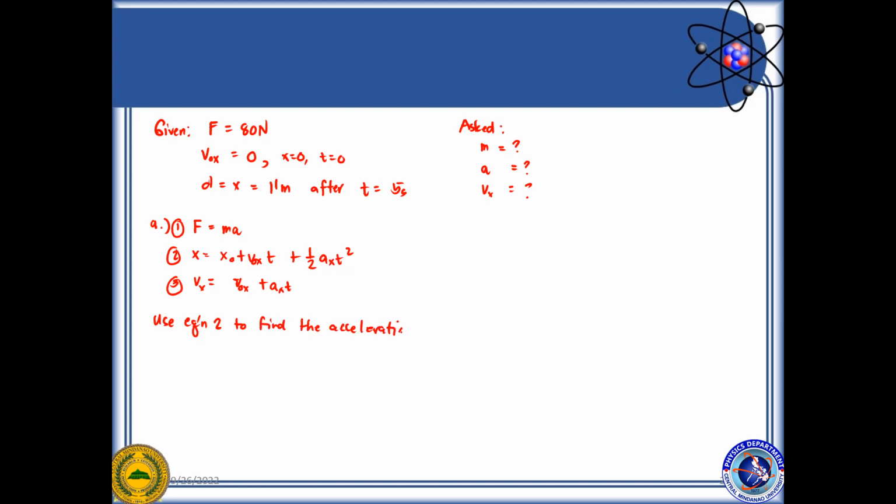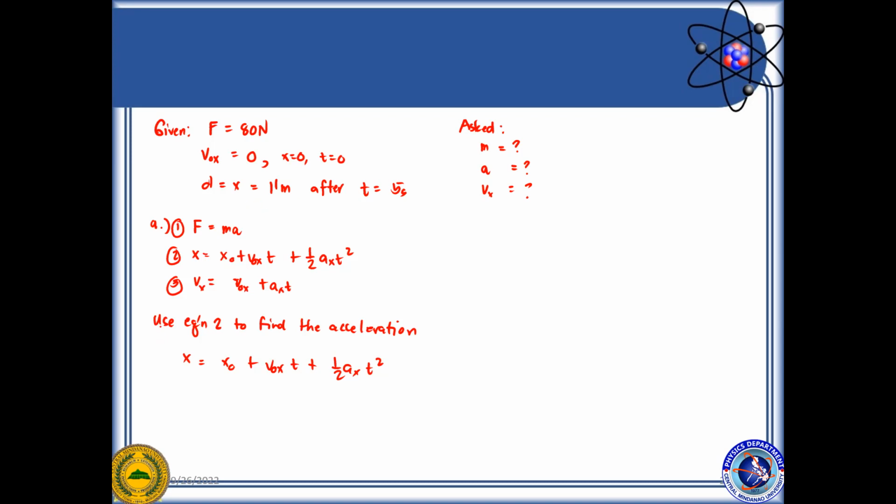So we have x equals x naught plus v naught x times time plus 1/2 a sub x t squared. Now we are given that at t equals 5 seconds, x equals 11 meters.